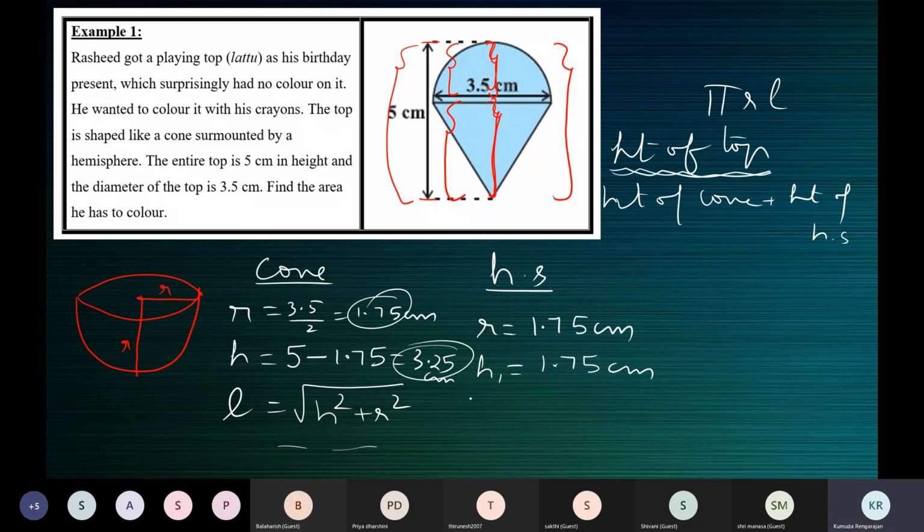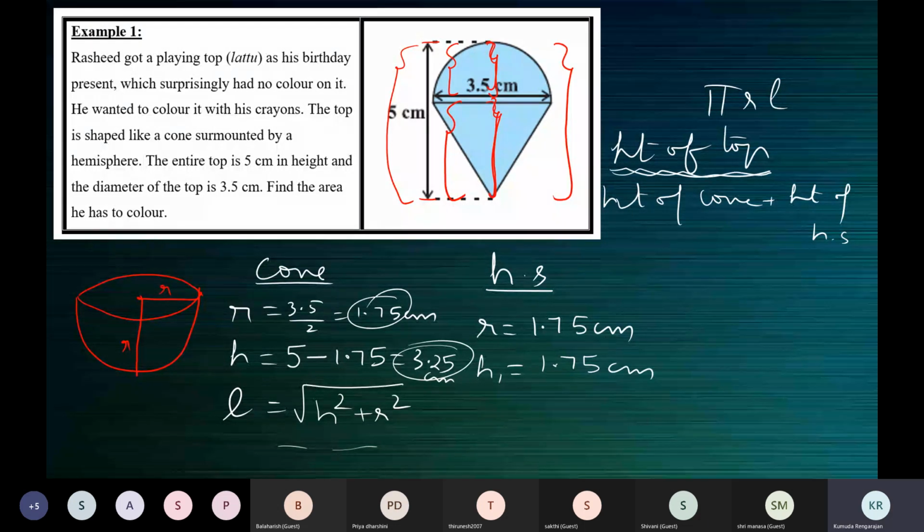Once you read the question, if the figure is not given, you should draw the figure. Follow this order. Read the question. Identify the solids involved. Mostly it will be a combination of solids for you. The figure will be a combination of 2 or more solids.